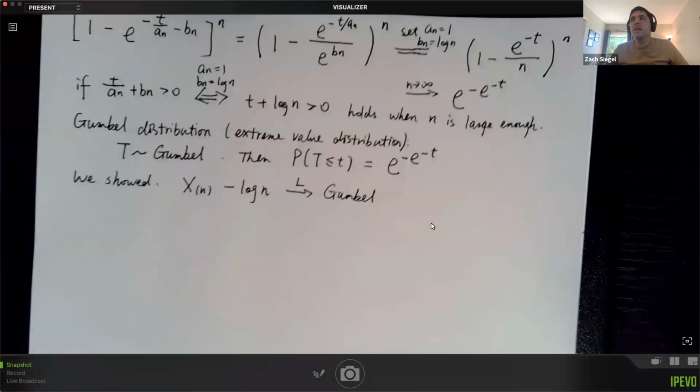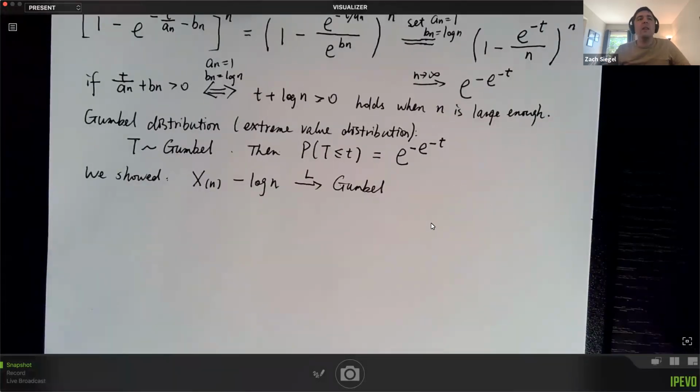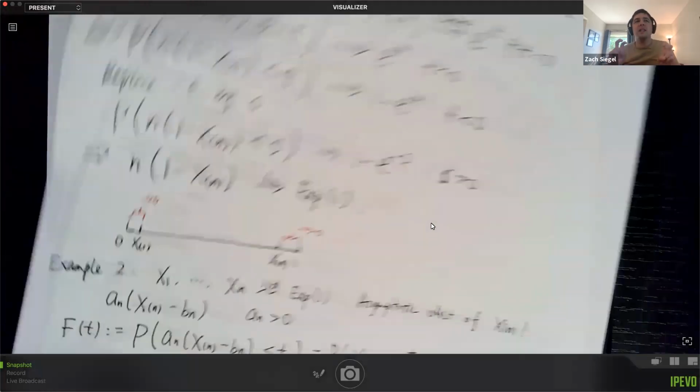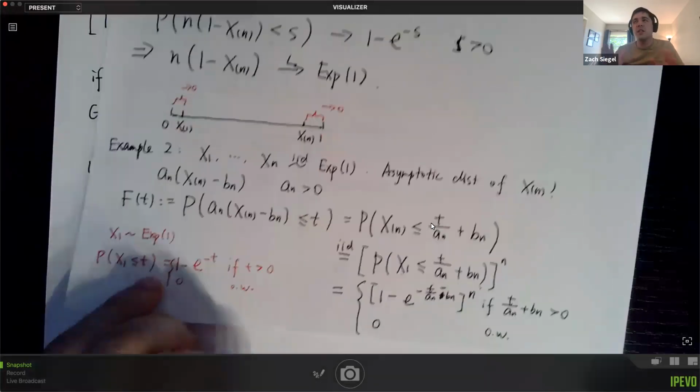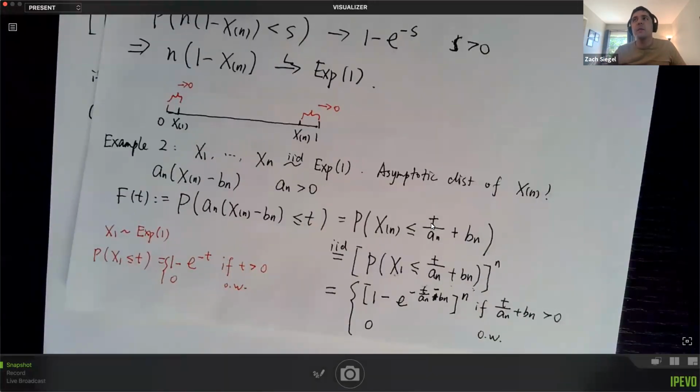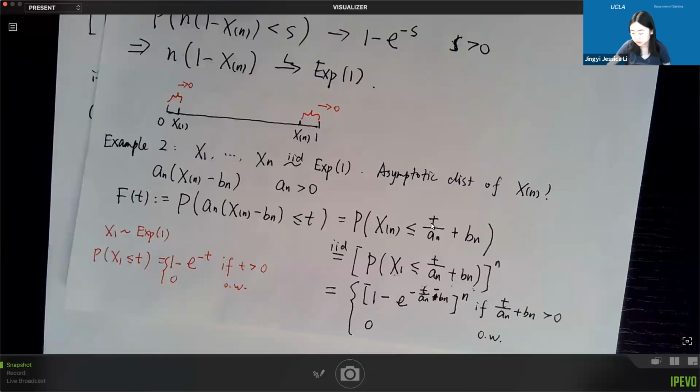Excuse me, Professor? Yeah. So the regularizer term an is just constant. Does that say something about the variance of this extreme order statistic? Does that mean that the variance of it doesn't go to 0? Is there some easy interpretation? Yeah, the variance of it doesn't go to 0. You're exactly right.